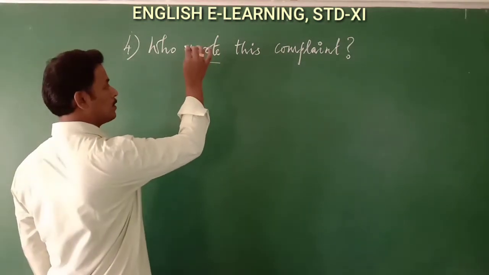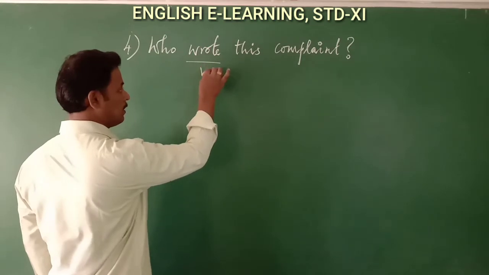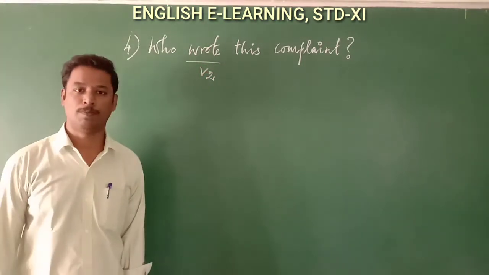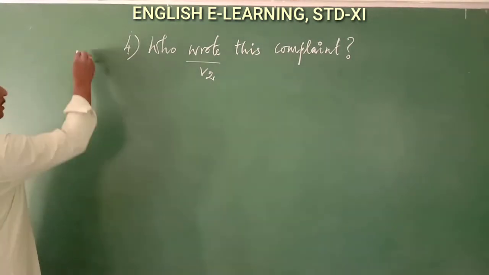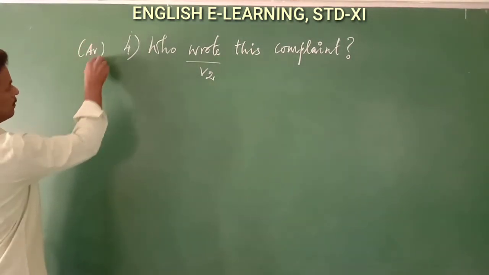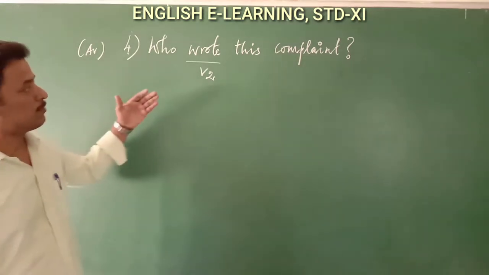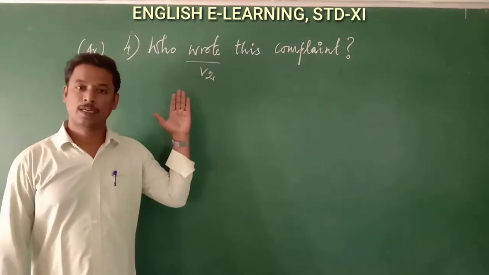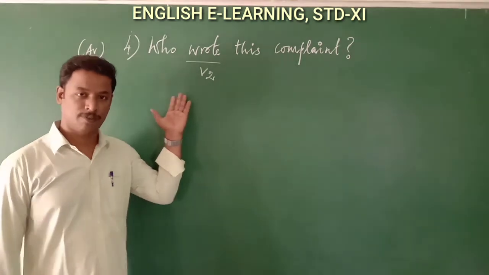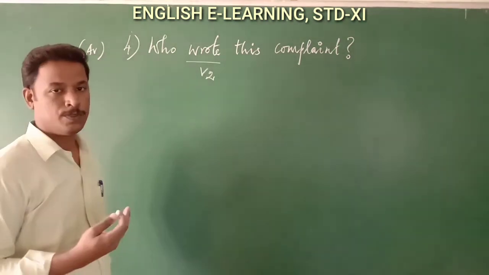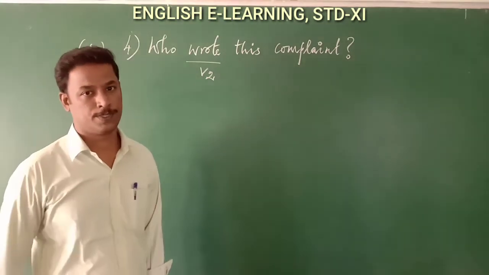The verb used here is in past tense, verb 2, simple past. Right. So it is in active voice. Okay. Right. While transforming the interrogative sentence from active to passive, we can use many steps.